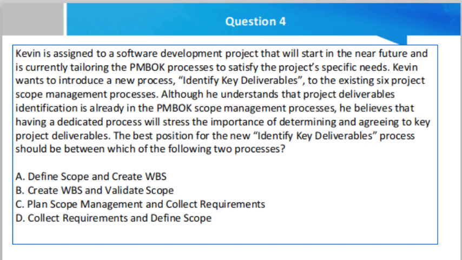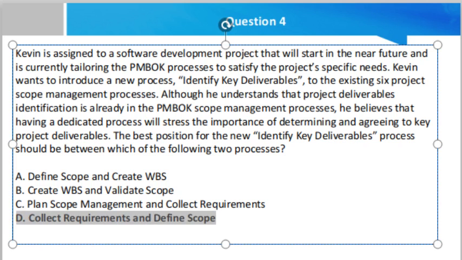The best position for the new Identify Key Deliverables process should be between which of the following two processes: Define Scope and Create WBS, Create WBS and Validate Scope, Plan Scope Management and Collect Requirements, or Collect Requirements and Define Scope. So friend, the right answer is D, Collect Requirements and Define Scope.